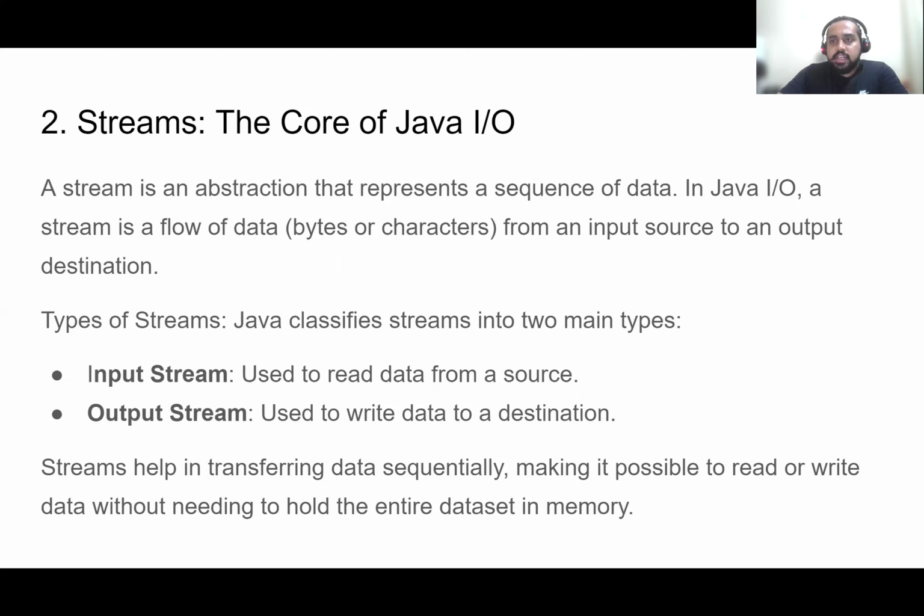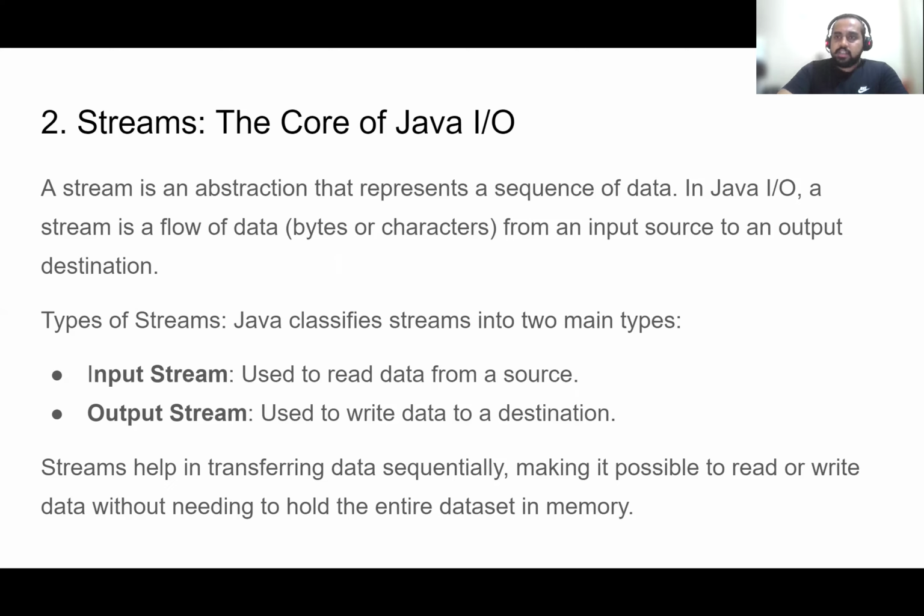Here we have two types of data. One is byte data, which can be represented in ones and zeros, that is, a byte format of data. The other is character data, that is normal text, whatever we have written, all text or character type of data. Java IO transfers both these types of data from an input to an output destination using streams.